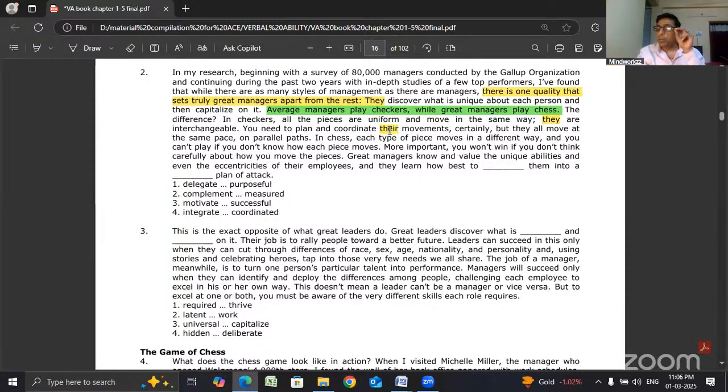Checkers and chess have been used as a metaphor. Do you get this point? That it is not being written in the literal sense. It is being used as a metaphor.